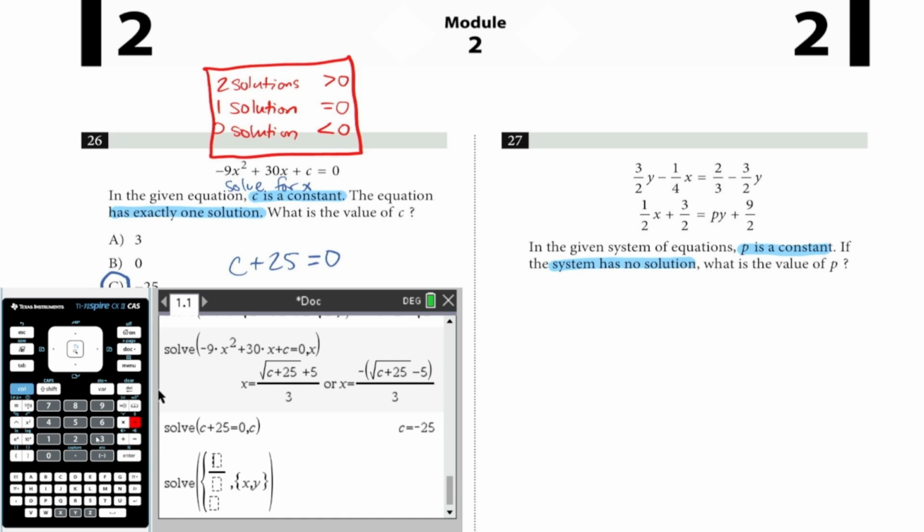So control divide 3 over 2y minus control divide 1 over 4 x equals control divide 2 over 3 minus control divide 3 over 2y.